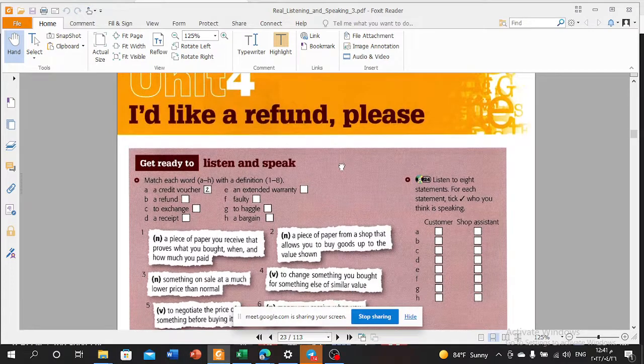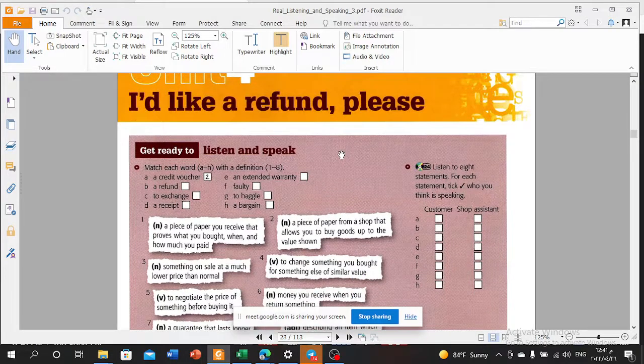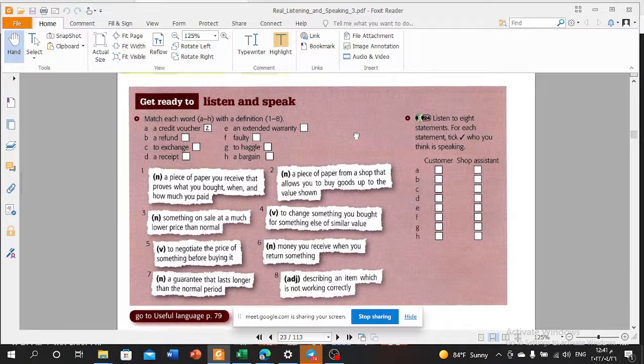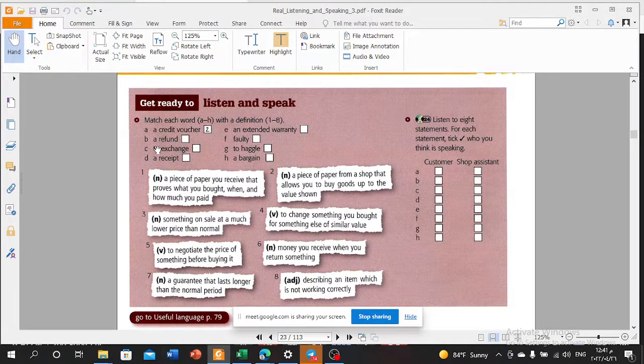Here now, in unit 4, we discussed these expressions and how they are defined. So if I asked you to define something like a refund, you should be ready to express a definition related to this term.